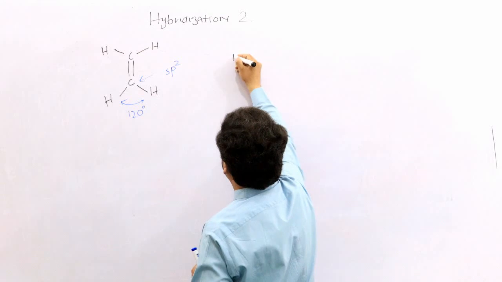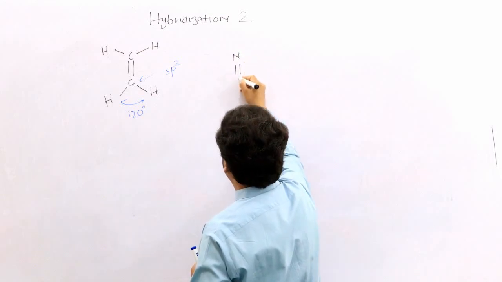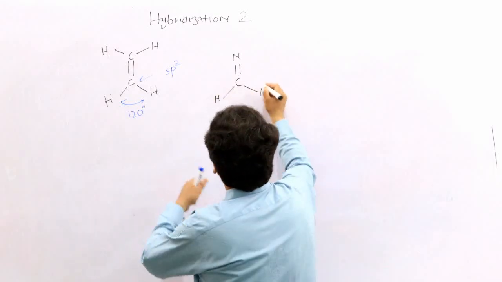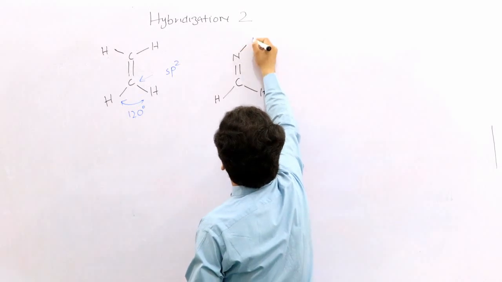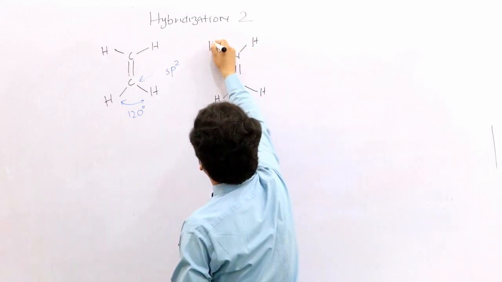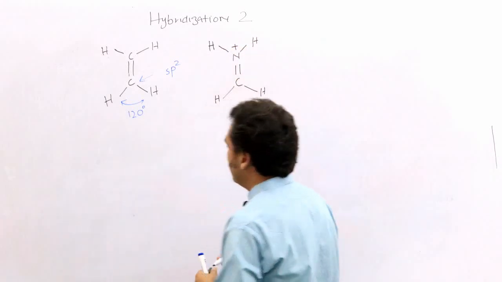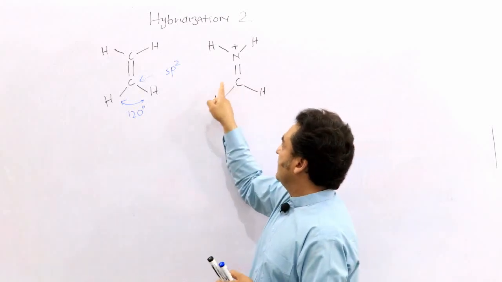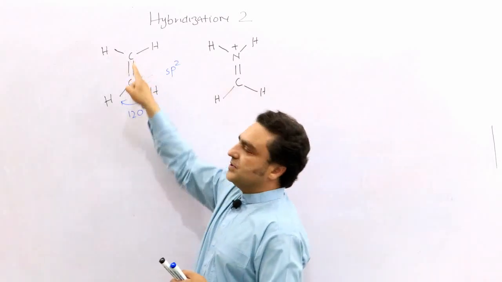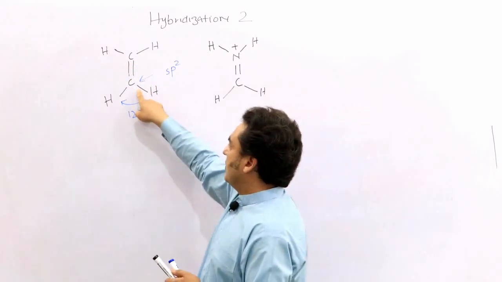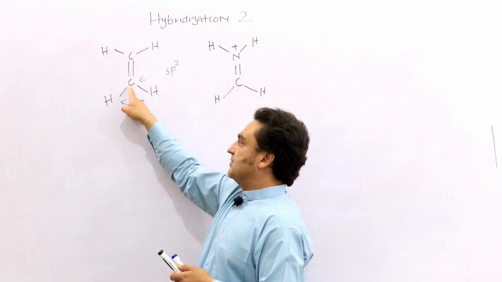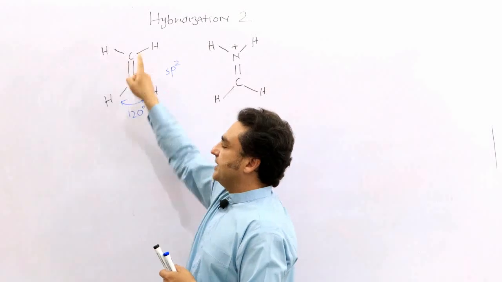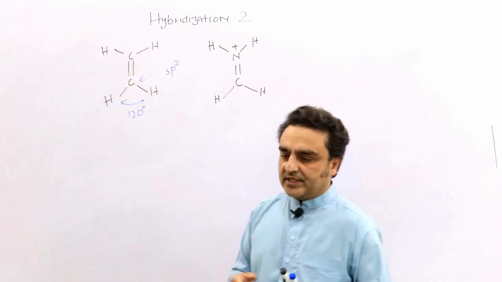Okay, so this is the first molecule, but the other molecule was a little bit more complicated than this one, not entirely, but it seemed a little bit more complicated. There are 2 hydrogen atoms, and there was a positive charge. In this molecule, as you see, this carbon is also sp2 hybridized. All these bonds are sp2 hybridized bonds. Here is one sigma bond, which is also sp2 hybridized, between carbon and carbon, and a pi bond is also there, as you know.